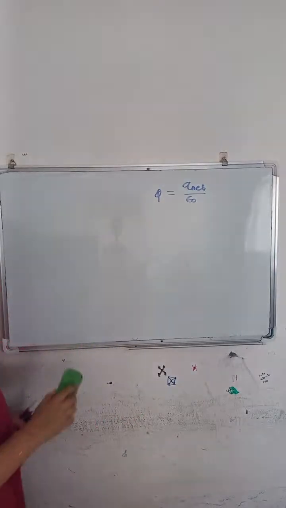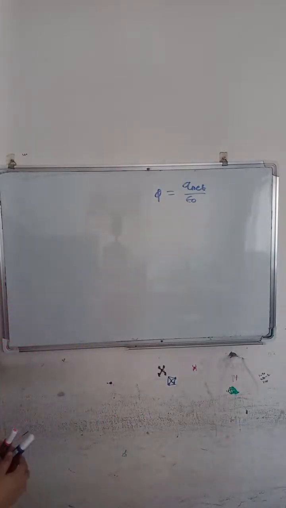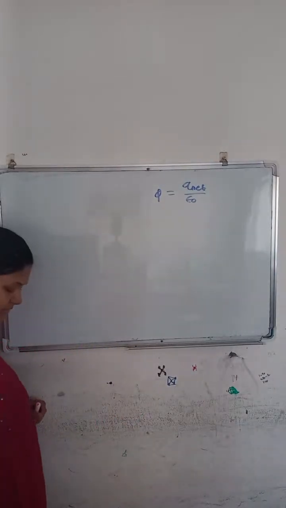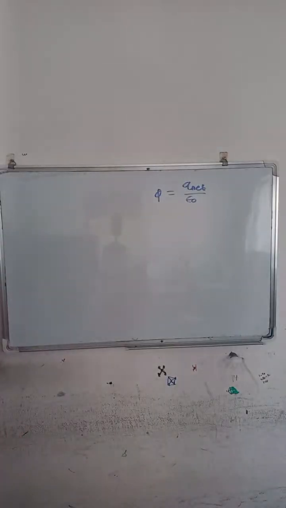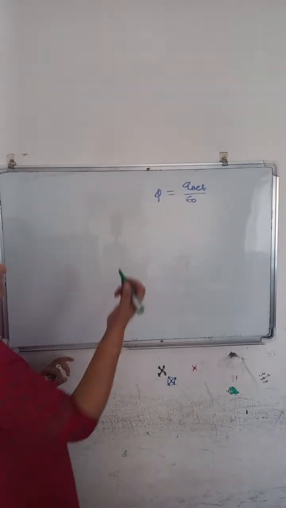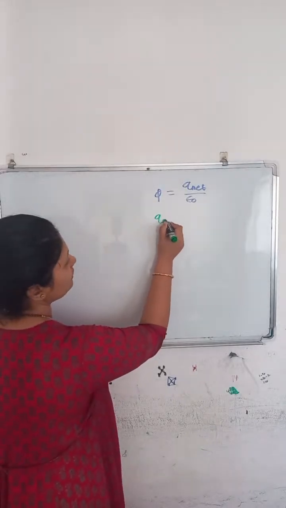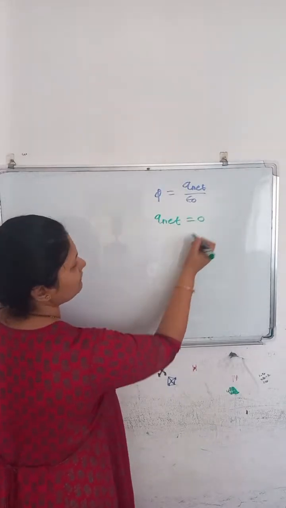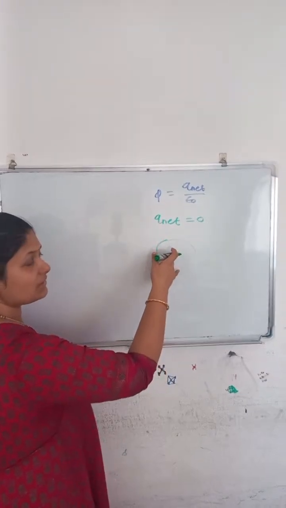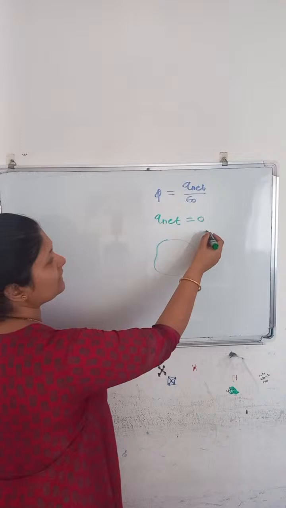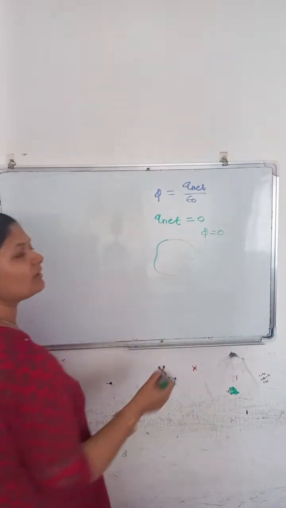That is also correct, but here we have this formula, phi is equal to q net by epsilon naught. If q net is 0, if I have a closed area but the net charge enclosed within the surface is 0, then in that case also I am getting flux 0 only.